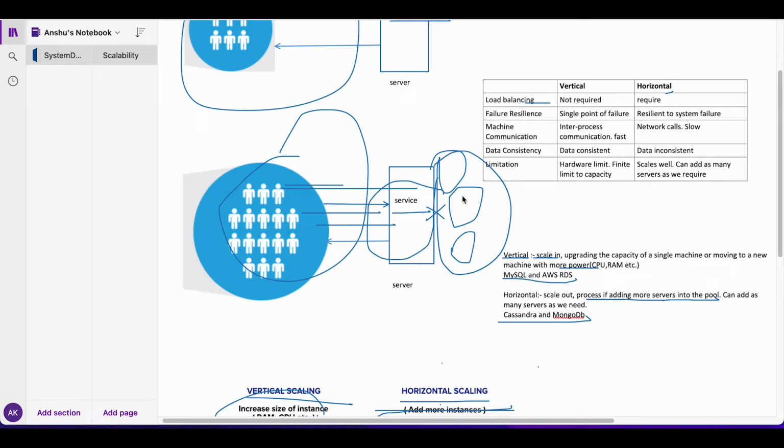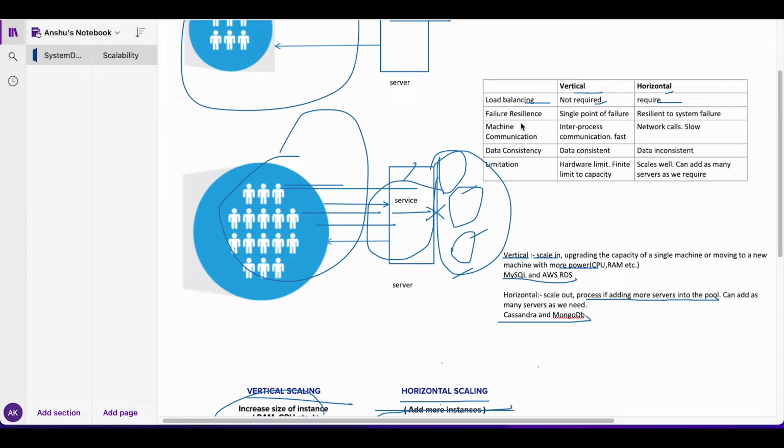To distribute that traffic, we need something called a load balancer. In vertical scaling we don't require load balancing, but in horizontal scaling we do, because we have a number of servers. In vertical scaling we have only a single server, so we don't need load balancing.